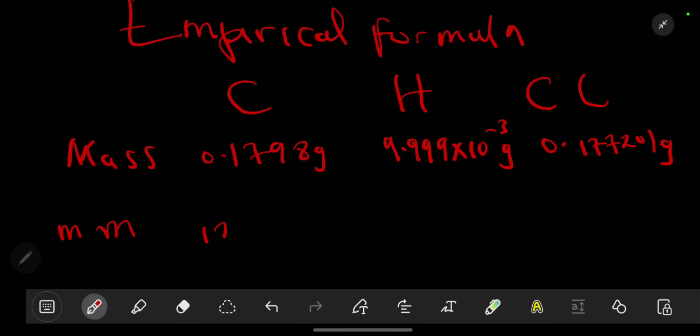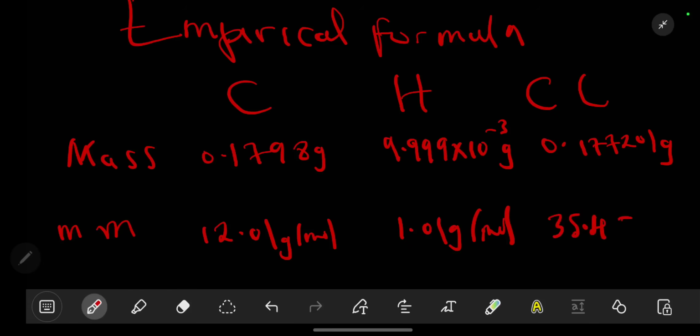The molar mass of carbon is 12.01 grams per mole, the molar mass of hydrogen is 1.01 grams per mole, and the molar mass of chlorine is 35.45 grams per mole, using your periodic table.